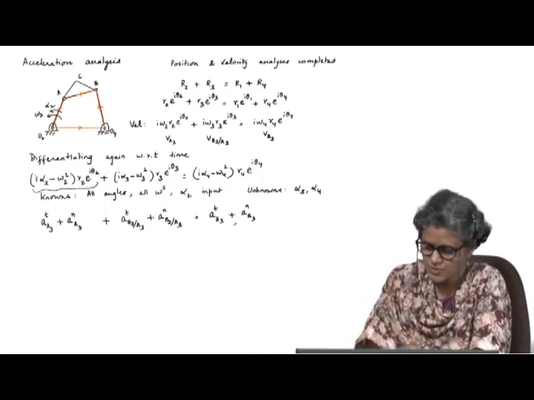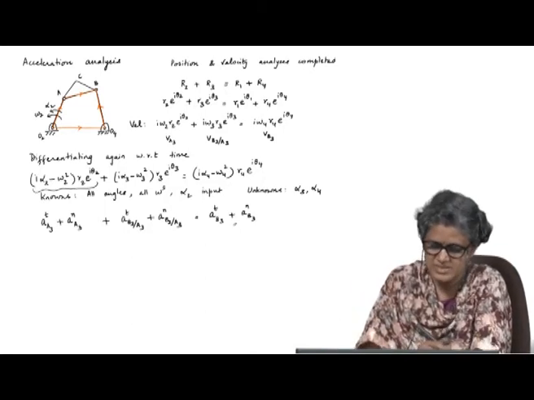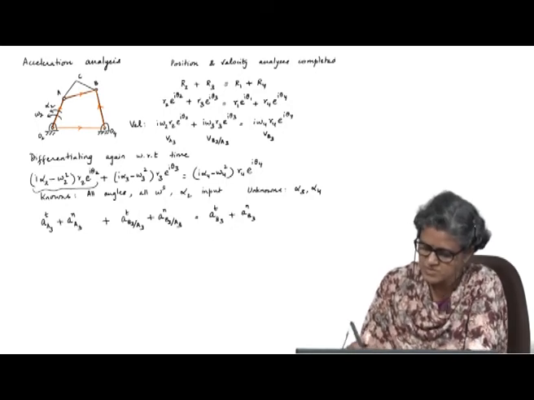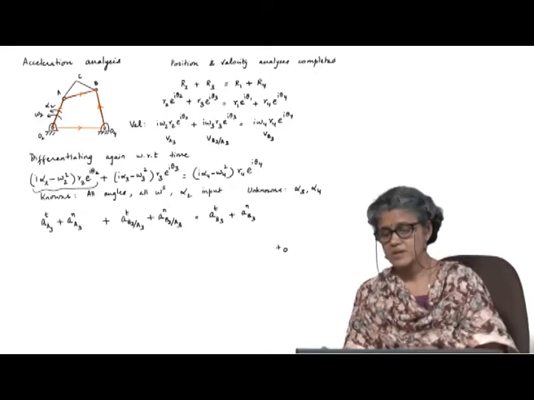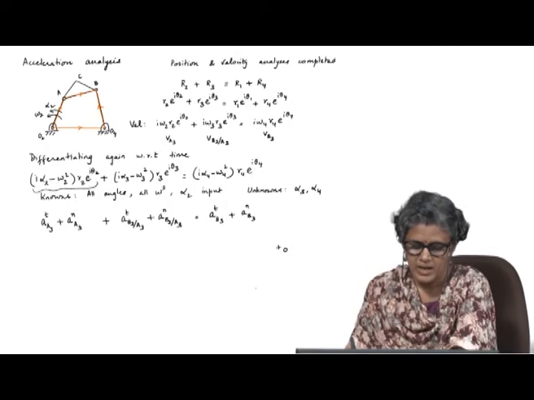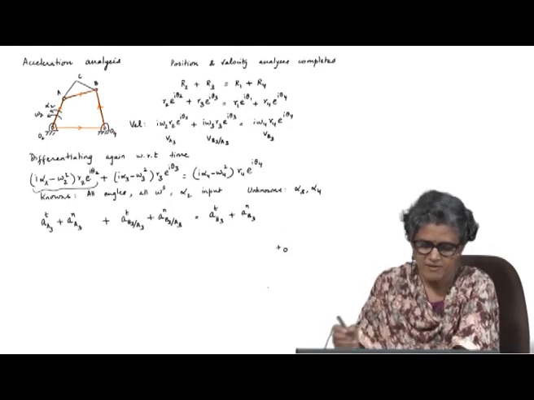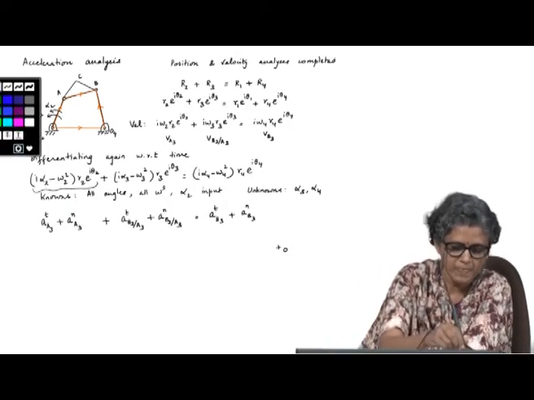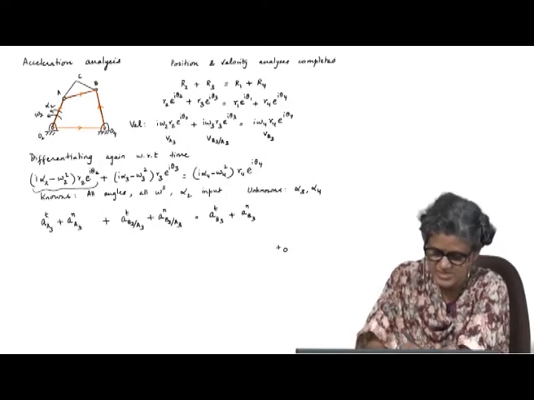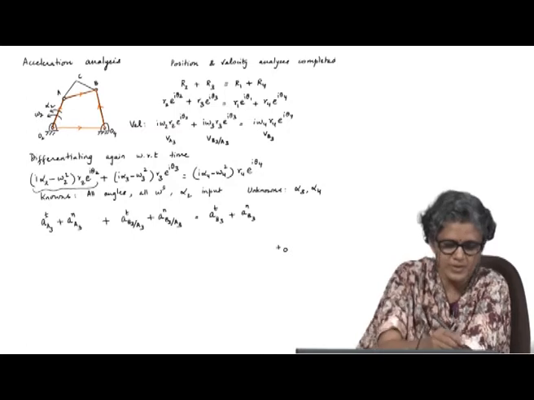So, now I can plot these in an acceleration diagram. So, say I take, let us say O, okay. I have the known acceleration. So, in this equation, let us first do this.